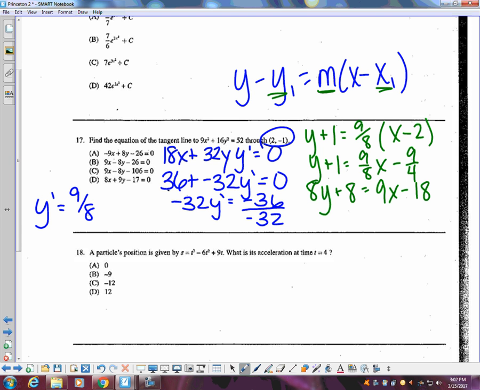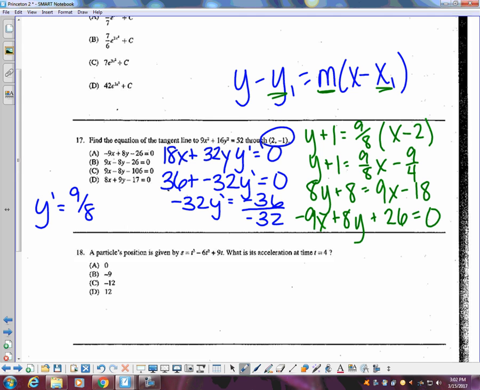Okay, now all the answers have everything on the left-hand side. So I need to move the 9x, and it looks like they put their x's in the front. So I'm going to scoot the 9x to the front, so negative 9x, then plus my 8y. Then I'm going to add the 18 over here, 18 and 8, 26 equals 0.